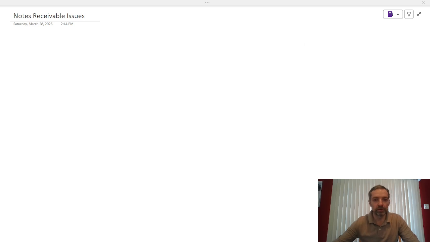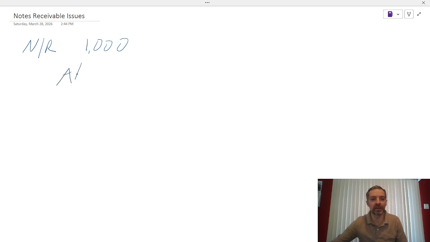So what we're going to do in the journal entry, when we are converting an account receivable to a note receivable, we debit the note receivable because that is going up. We have more notes receivable, but we have fewer accounts receivable because we don't have that account receivable anymore, so we need to credit that.